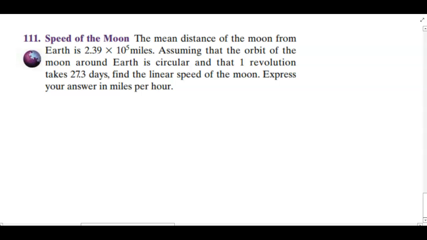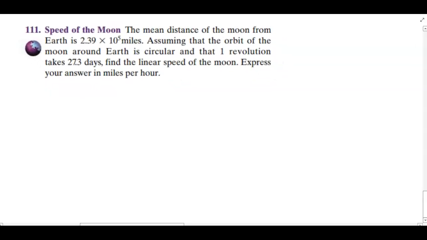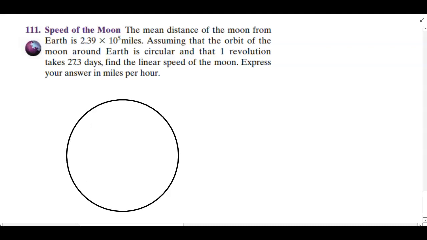So here we have the moon going around the Earth. The way I would draw this is I would draw the orbit of the moon around the Earth, where the Earth is here, and the Earth is the center, and the moon is on the outer edge. Okay, so let me draw the moon in red.